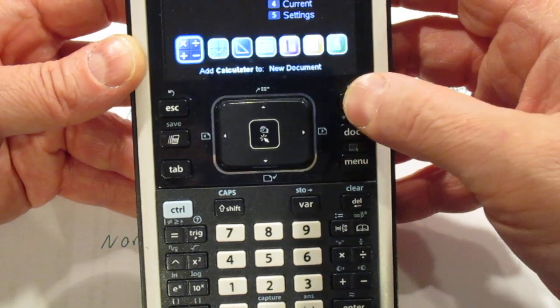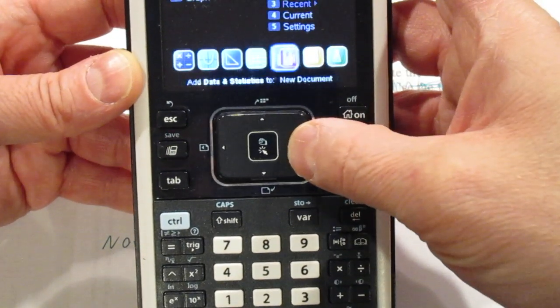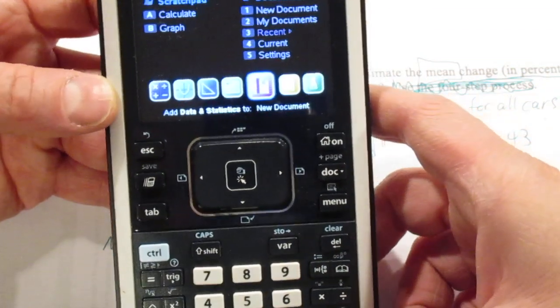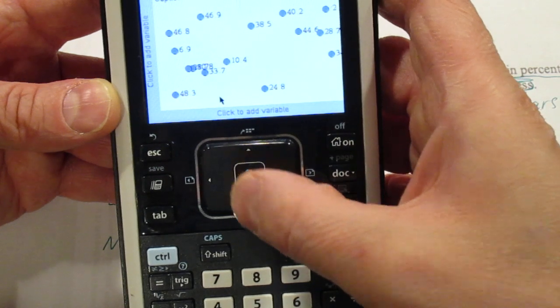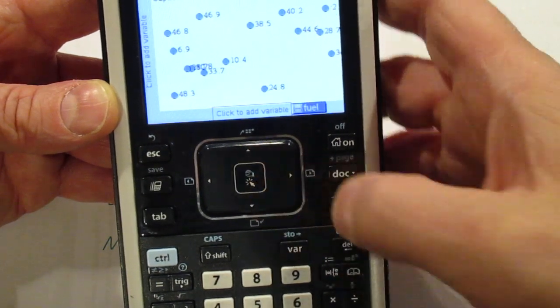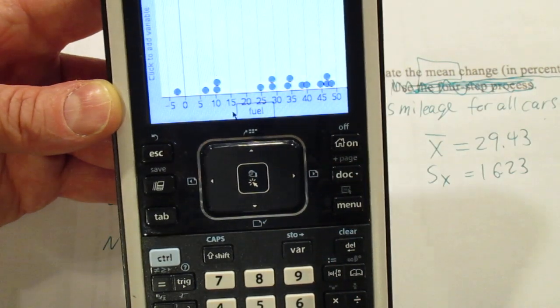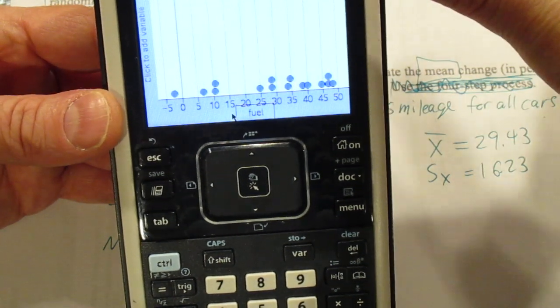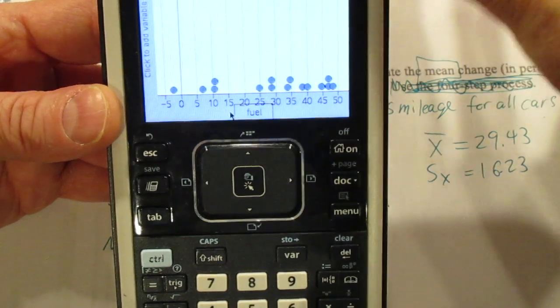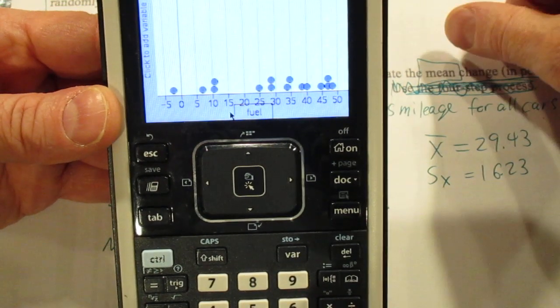So let's see. Let's go to Data and Statistics. Let's look at the graph for fuel. Okay, dot plot. Now 15 is right there on that important cutoff.